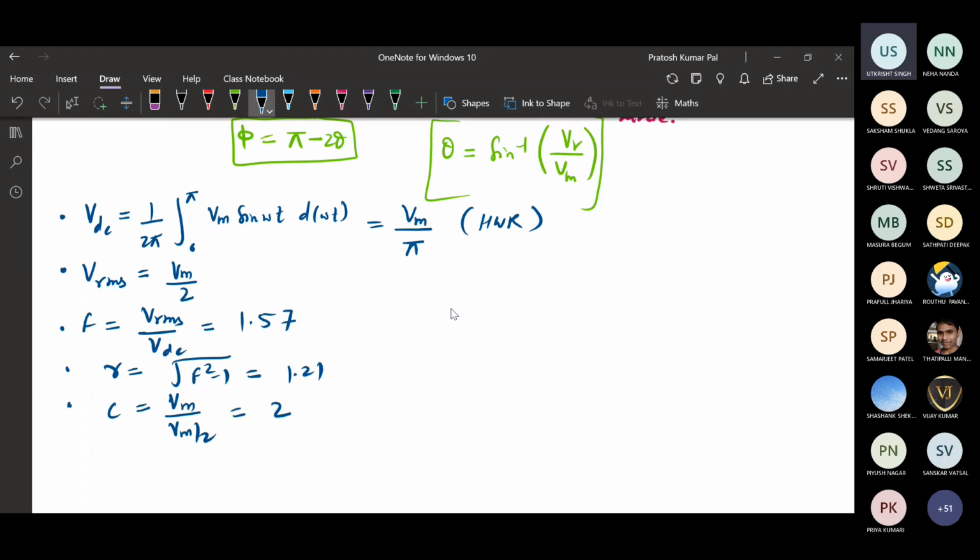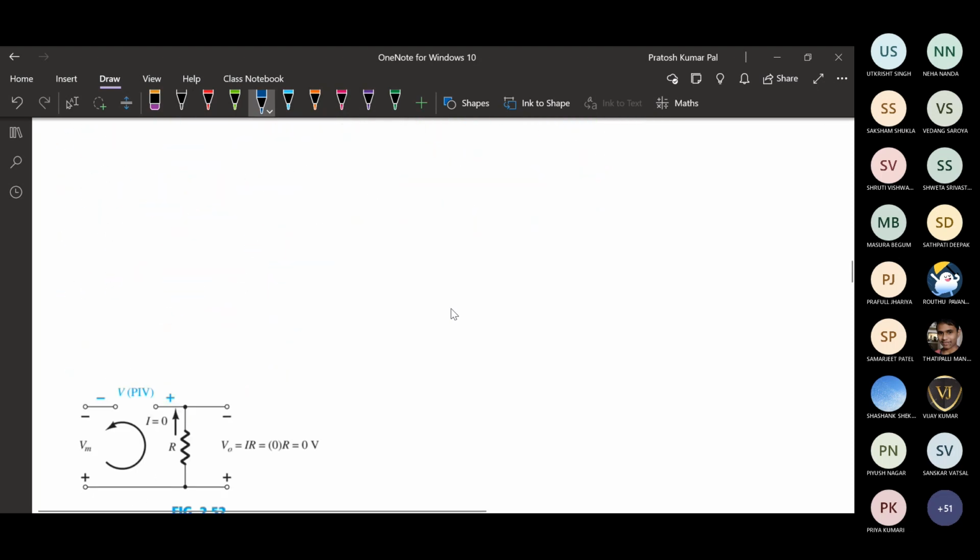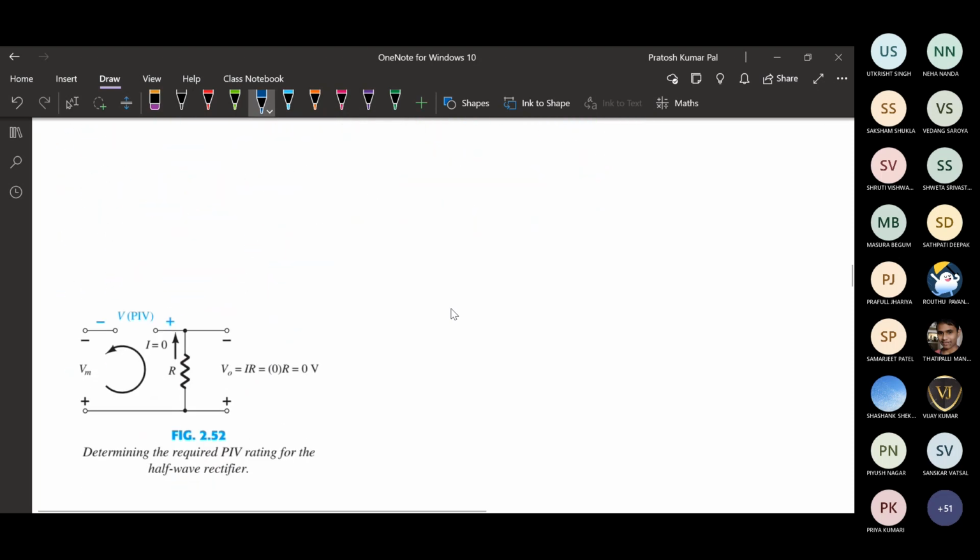One more important parameter that we should consider is the PIV, the calculation of peak inverse voltage. For each type of rectifier, we will be calculating the PIV. This was the circuit, with a diode here.